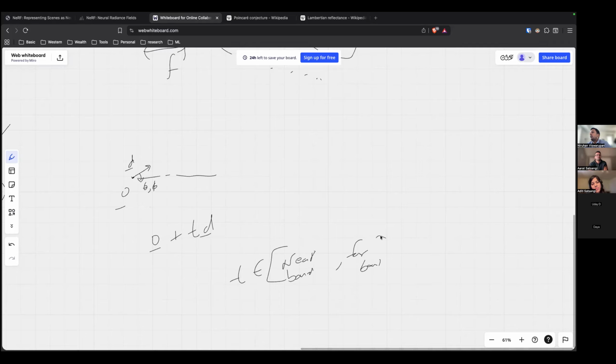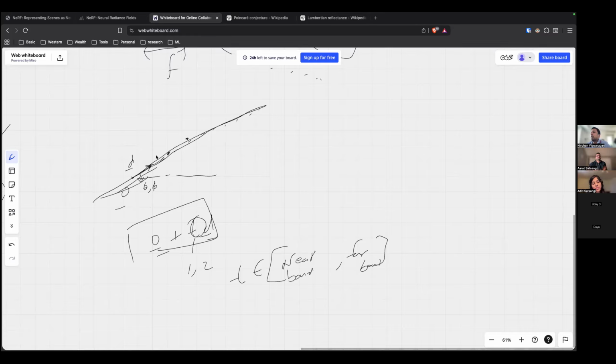Just ignore this for now. If you take t as 1, it will be this point. If you set t as 2, it will be this point. If you take t as 3, it will be this point. So you can represent any point along this line with this equation just by varying t. t is like a parameter that you can change to represent any point along this line.